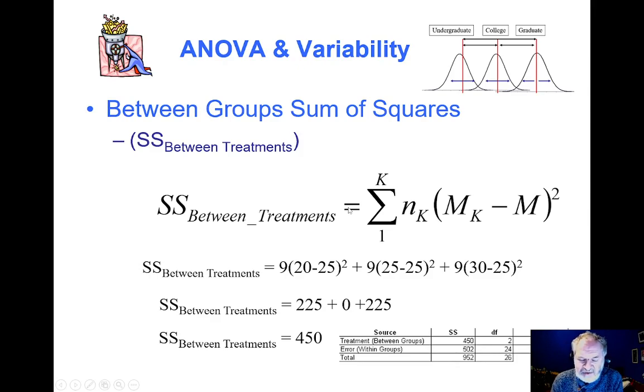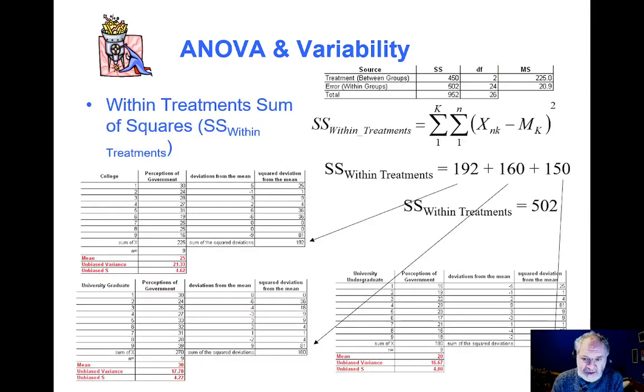Okay. Then the final sum of squares is my within treatment sum of squares. For this one, once again, I'm rolling through all 9 individuals of a group, and then I'm clicking to the next group. For the sum of squares within treatments, I have an M_K here, M underscore K. M is the mean for the kth group.